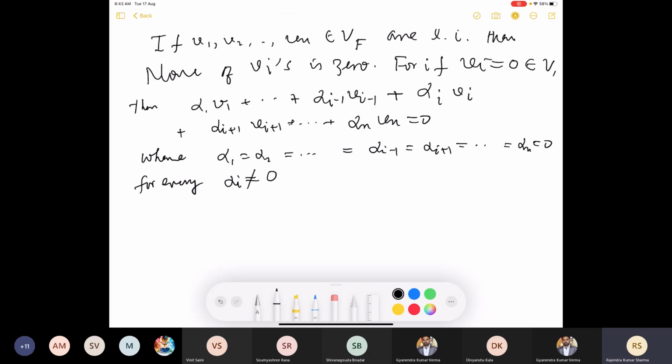The linear combination is 0. This will make v_1, v_2, ..., v_n linearly dependent. So none of these v_i's can be 0 if the vectors are linearly independent.